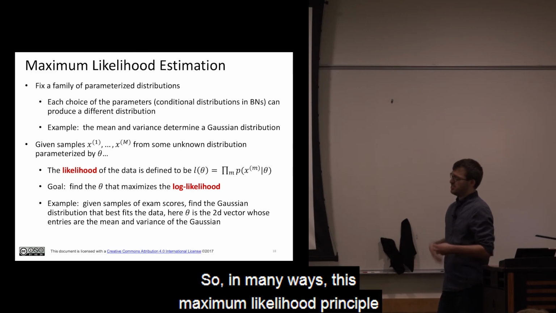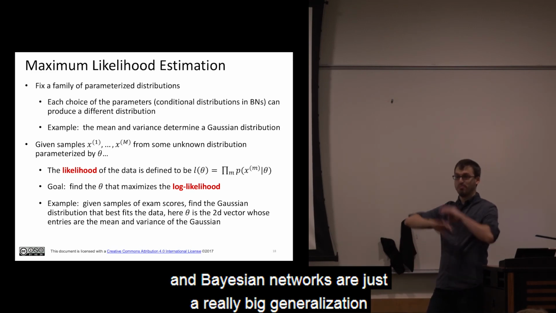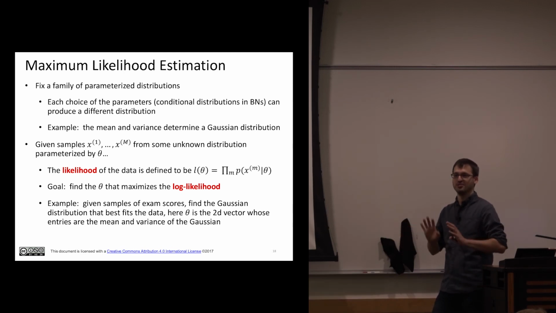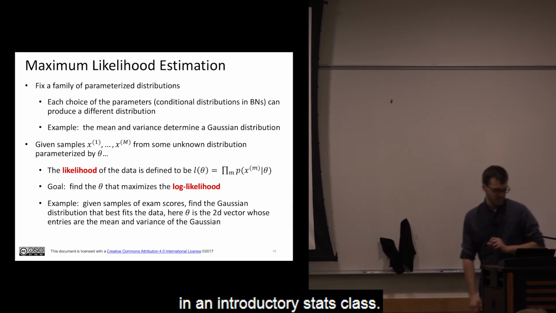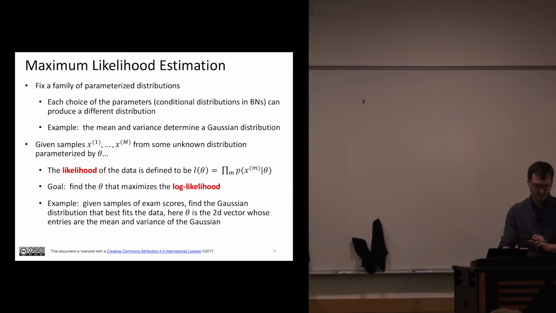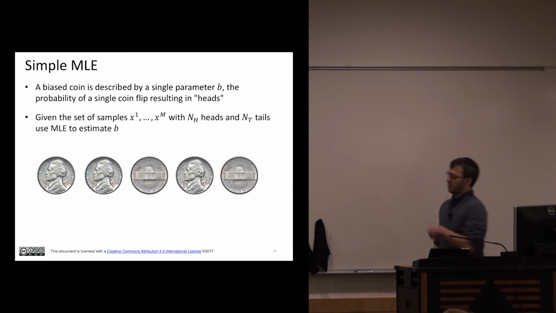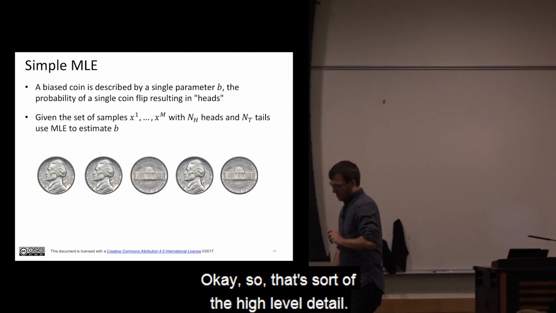So in many ways, this maximum likelihood principle and Bayesian networks are just a really big generalization of the kinds of simple statistical model fitting things that you probably saw in an introductory stats class. Okay, so that's the high-level detail.